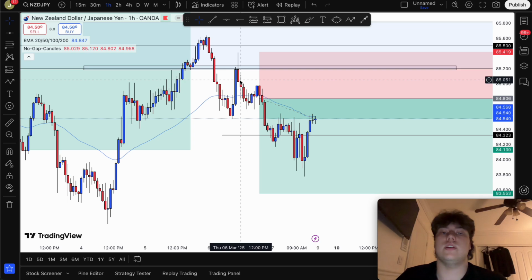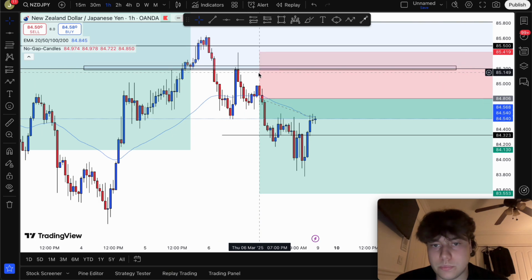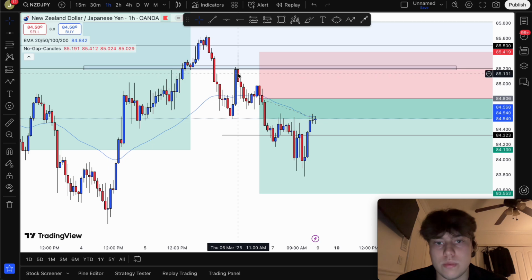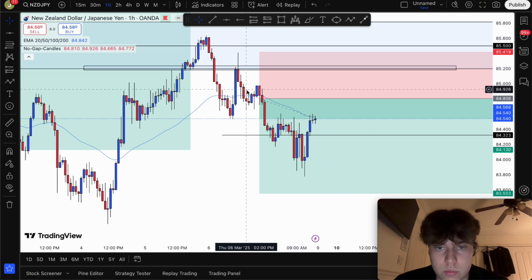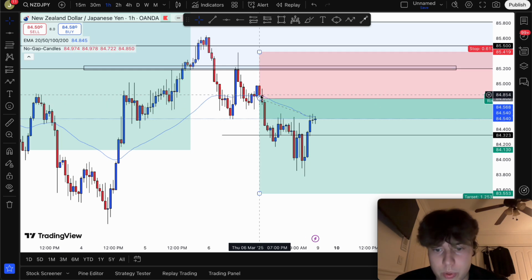So after 12, like 12 to around 8 Eastern time, I won't take any trades because there's pretty much not enough volume in that time. So we could have gone in up here and it would have been already a good risk to reward. But when we were in session and we got our confirmation, it was about pre-London session at around 8 o'clock.